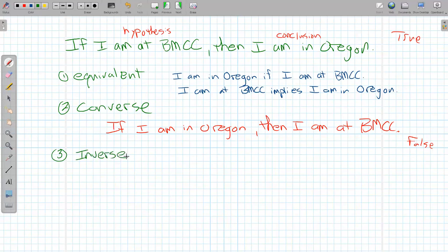So give it your best shot, write an inverse for the original statement above. And I'll write down my version. I guess we'll go with red again.